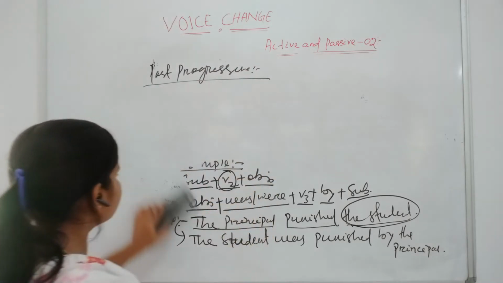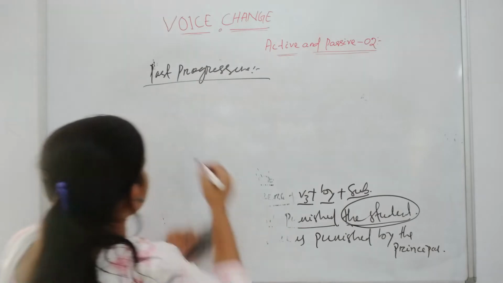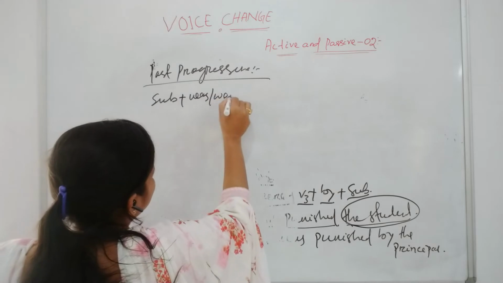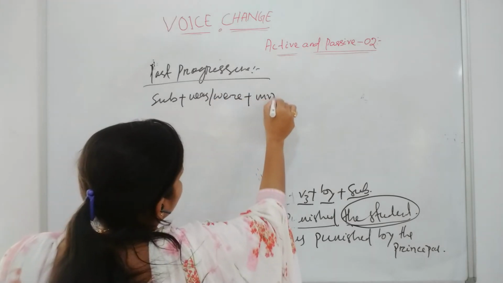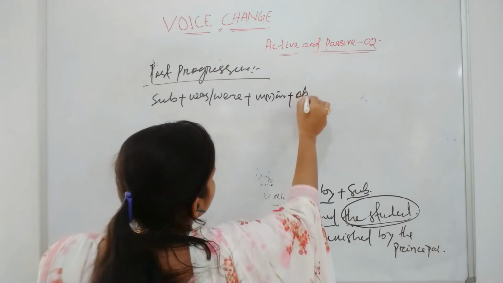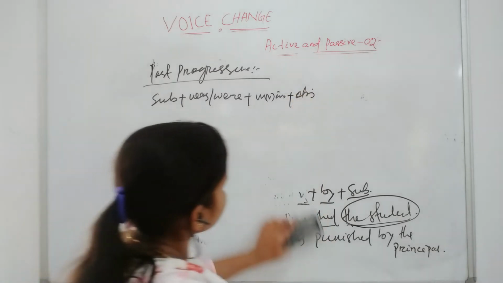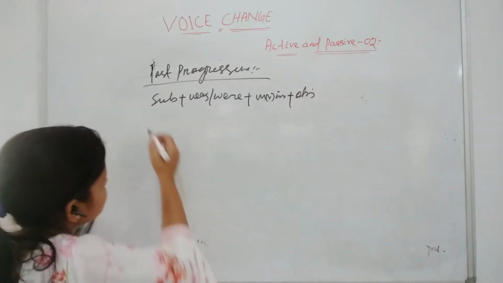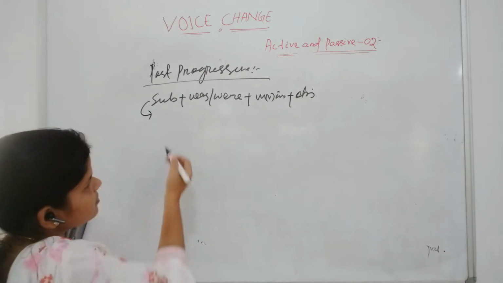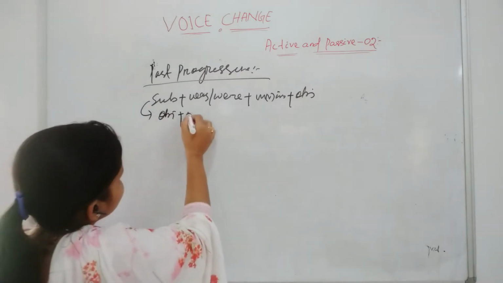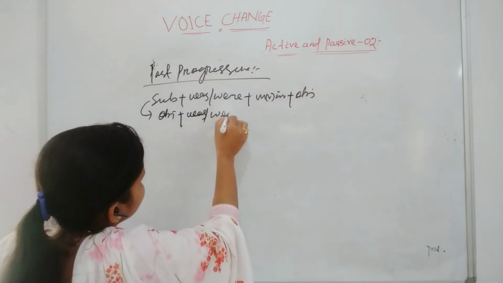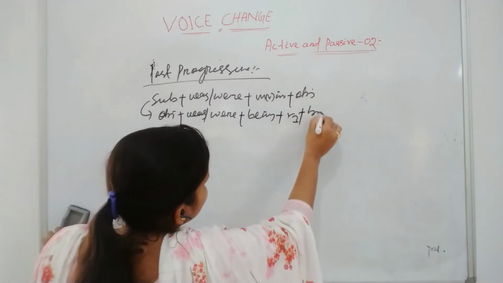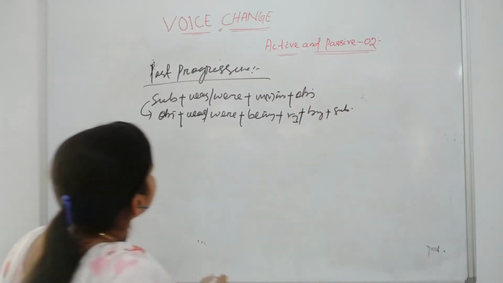Past progressive active structure is subject plus was/were plus verb-ing plus object, whereas converting to passive, the structure is object plus was/were plus being plus V3 plus by plus subject.